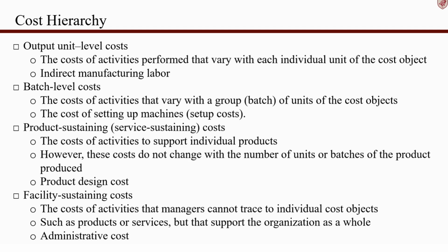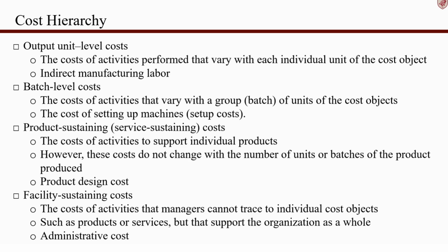Batch level cost would usually vary with a group of units of products rather than a single individual unit, right? Take the cost of setting up machines. When you're setting up and preparing machines, you don't prepare for one single product, but for a batch of products altogether, right? They are called setup costs, and setup costs would usually vary with the number of batches.